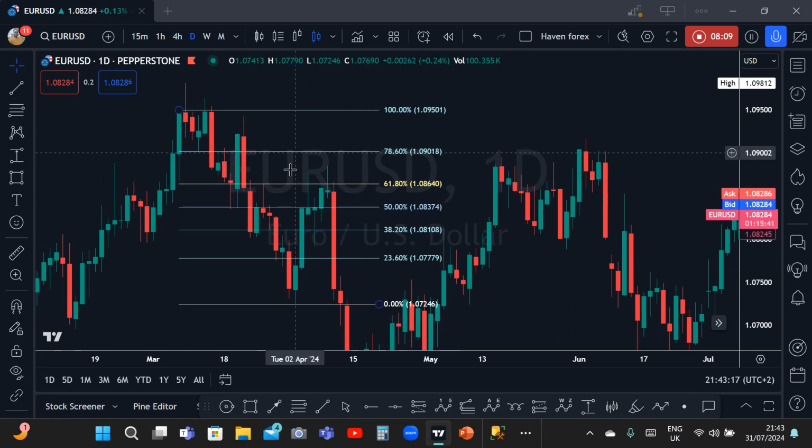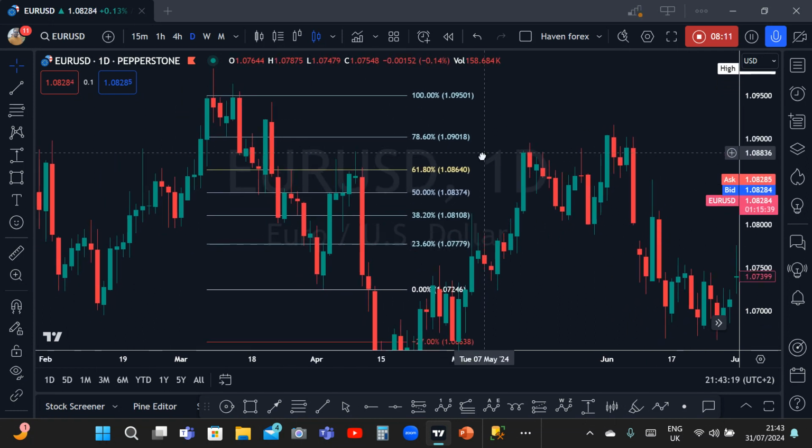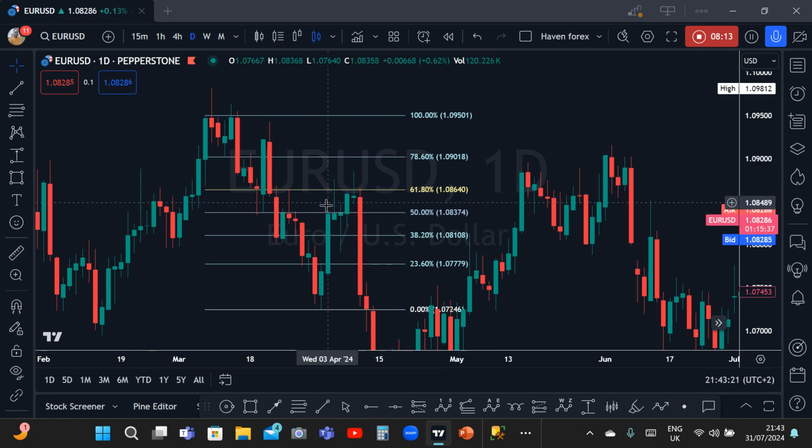And if that did not happen, the final bus stop, which I normally call it, is the 100%. That means it will retrace up to the 100% where this move started. Okay, that means it's going to complete the cycle. It's a push phase, then the retracement phase ends at 100%.